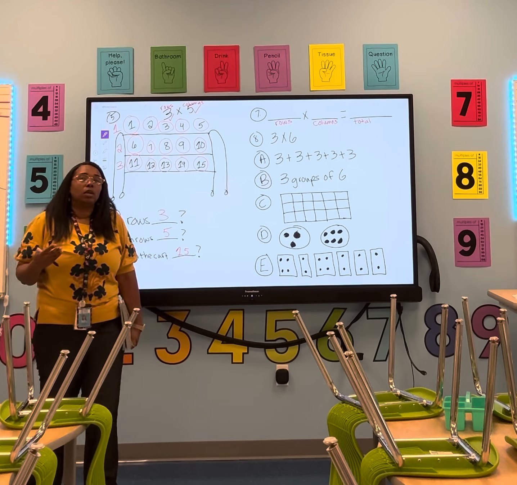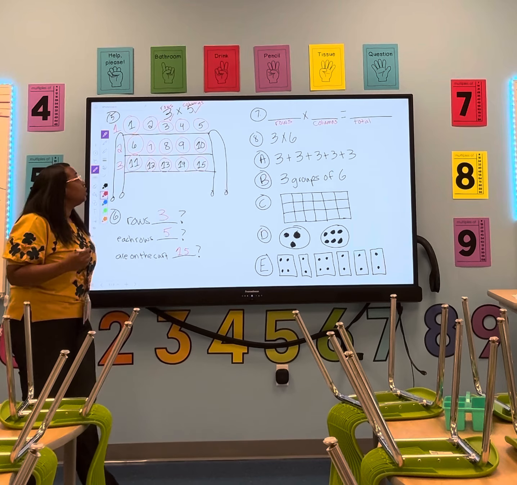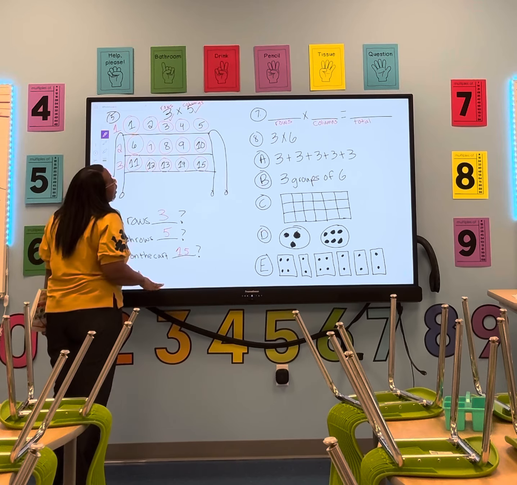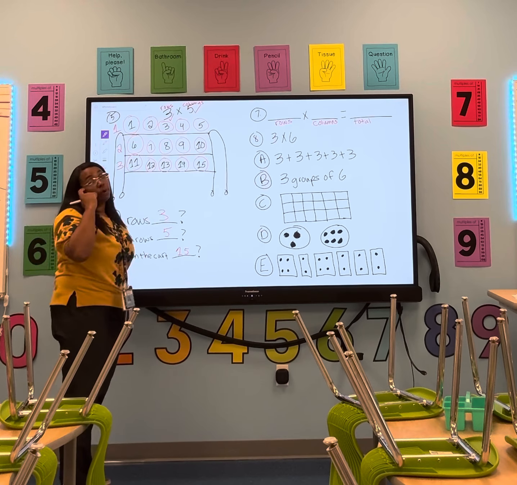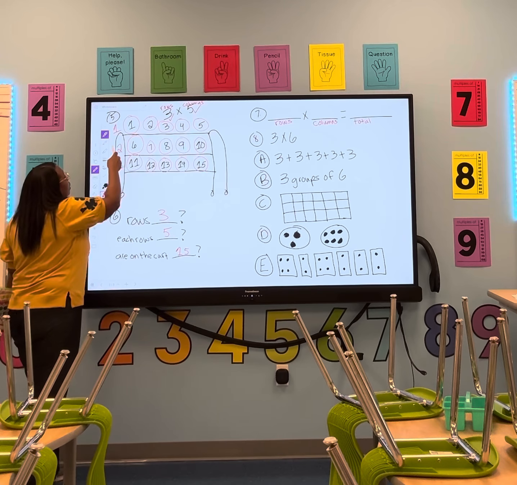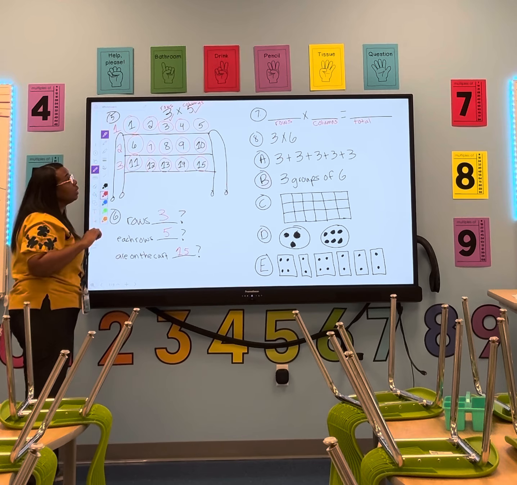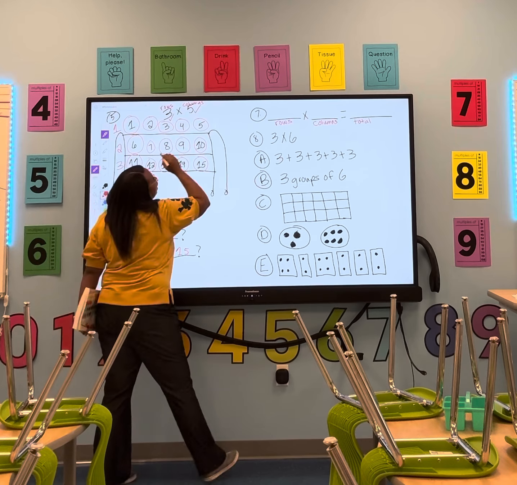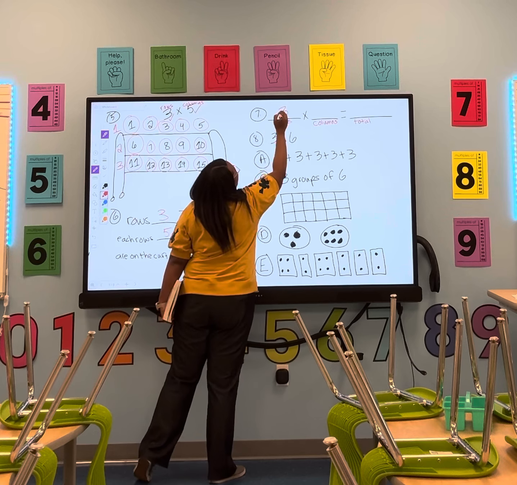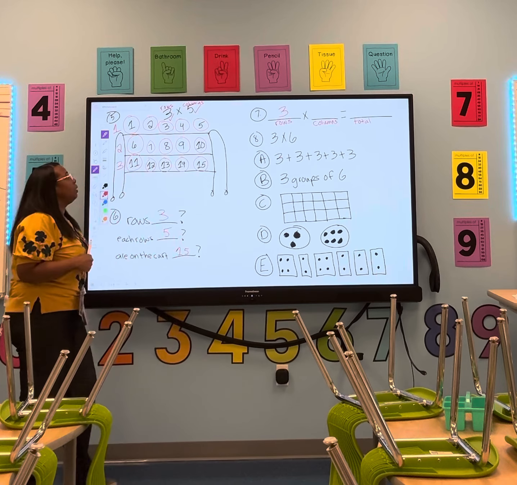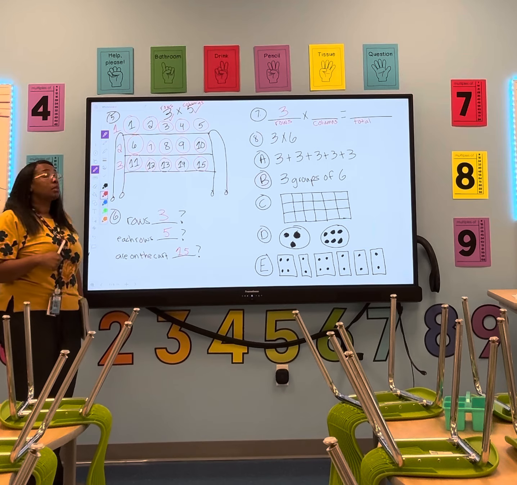It's easier for me to go ahead and put the numbers where they go. So when I go back to my drawing, I know the first number is supposed to be the rows. Well, if I look at the drawing, I had 1, 2, 3 rows. So that means on that line, I'm going to put the number 3. Okay, let's go to the columns.